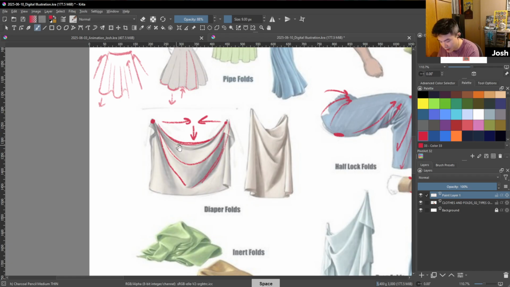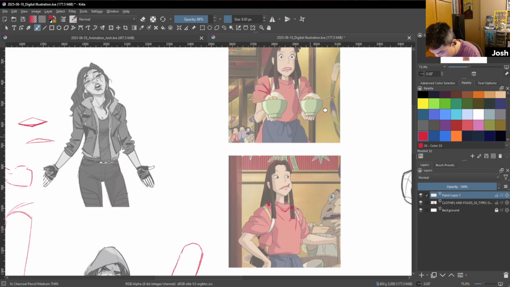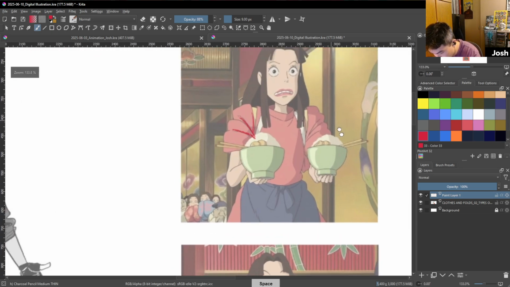You have a surface that points up, then a folded area, then a plane at the bottom of that fold that points downwards, and then you have two hanging pipe folds essentially.